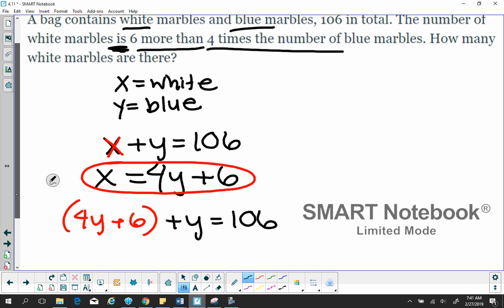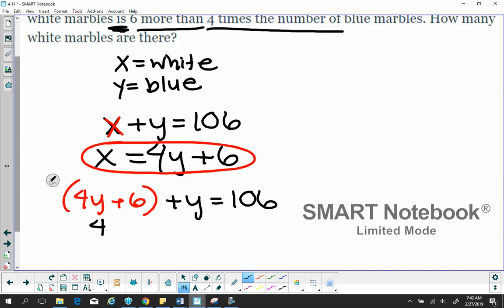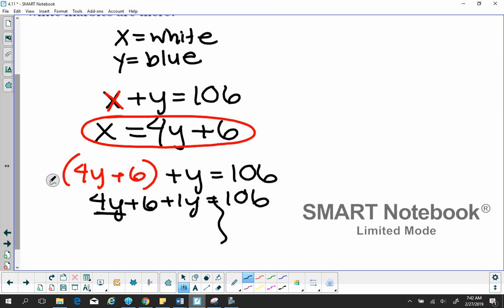Then you solve, so you can take out the parentheses. Then combine my terms. What's 4y plus 1y? Then what do you do?